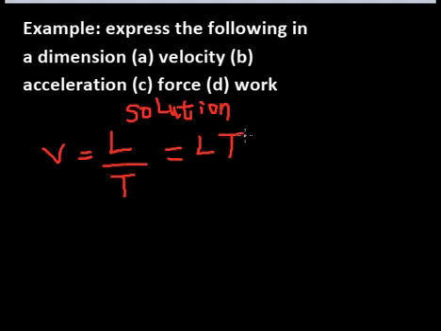It's going to be L T raised to the power minus 1. That's the reciprocal in indices, because T is the same thing as T raised to power 1, so if the T goes up, it becomes T raised to the power minus 1. Please take note of that.